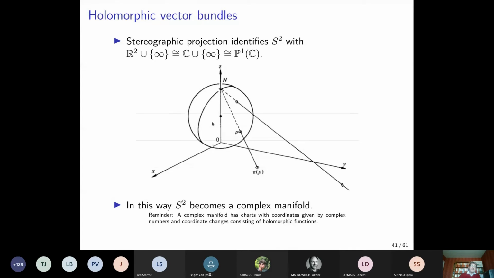So then you get a complex structure outside the projection point, and then you still have to argue that there's a complex structure there. Or you can also identify it with the projective line over C. Anyway, let's retain that the sphere is a complex manifold.